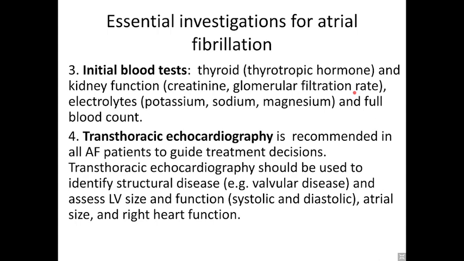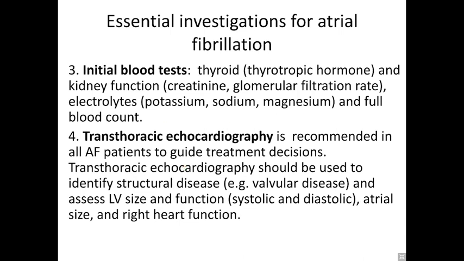If the patient has a low glomerular filtration rate, we need to decrease the dosage of anticoagulants. Electrolytes, we should check potassium, sodium, magnesium, and full blood count, of course.